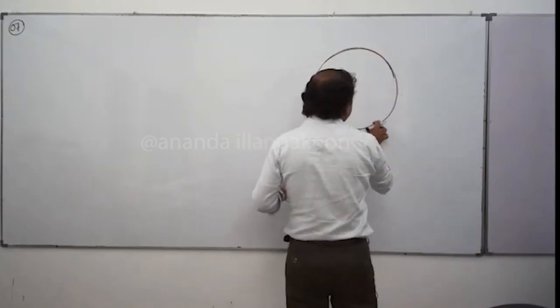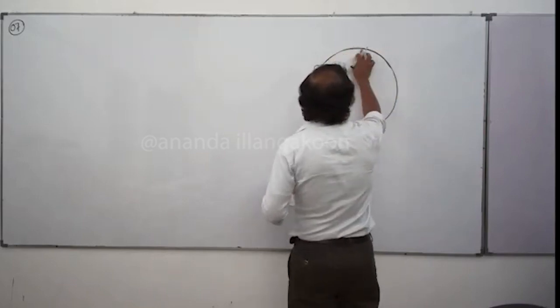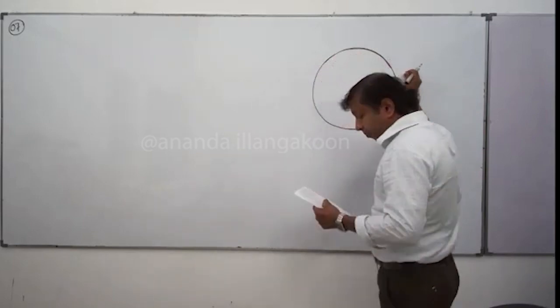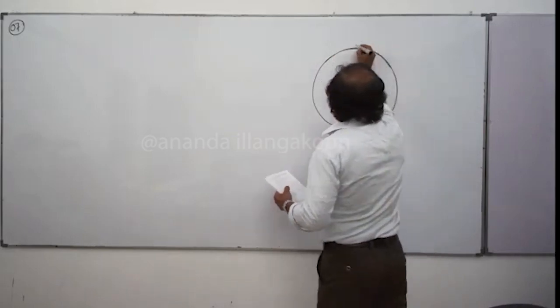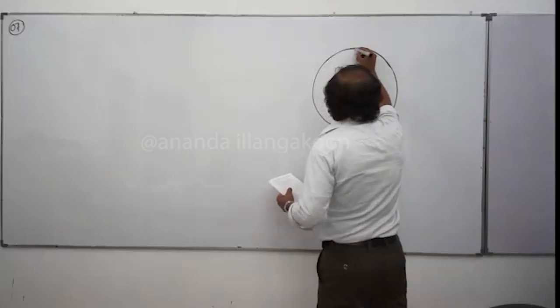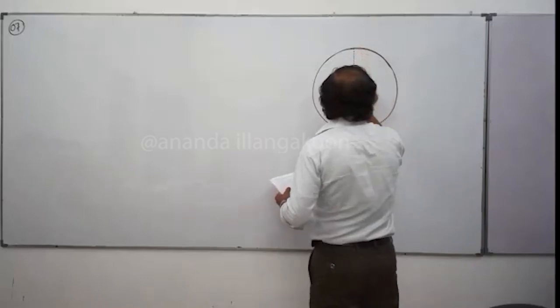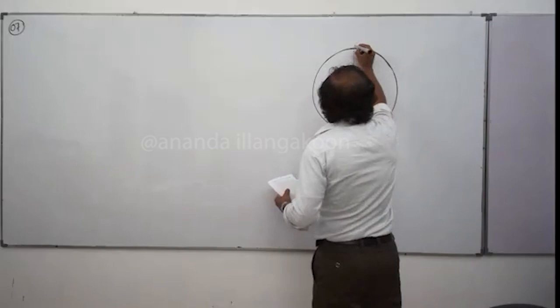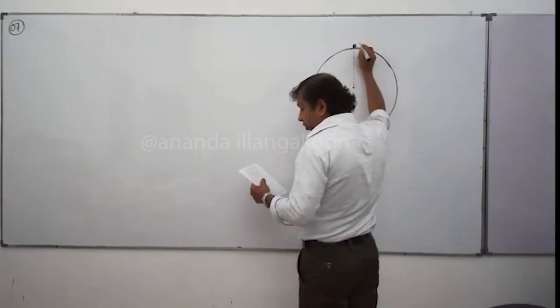Now a particle is projected horizontally with initial velocity u from the highest point. This is the center of the sphere. The highest point is this. Horizontally with the initial velocity u.